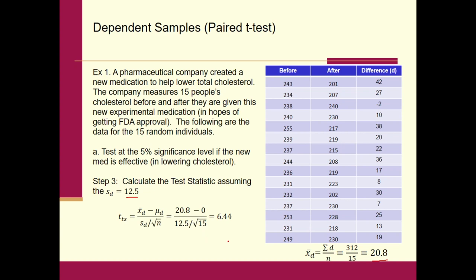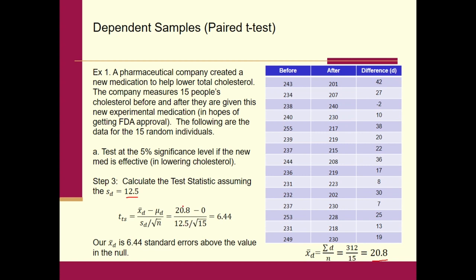I came up with 6.44, which sounds like a pretty big test statistic. So what does that mean? Our x bar sub d is 6.44 standard errors above the value of the null hypothesis, and that's pretty far away, and that's going to create an awfully small p-value. Okay? So hopefully you're good with that.